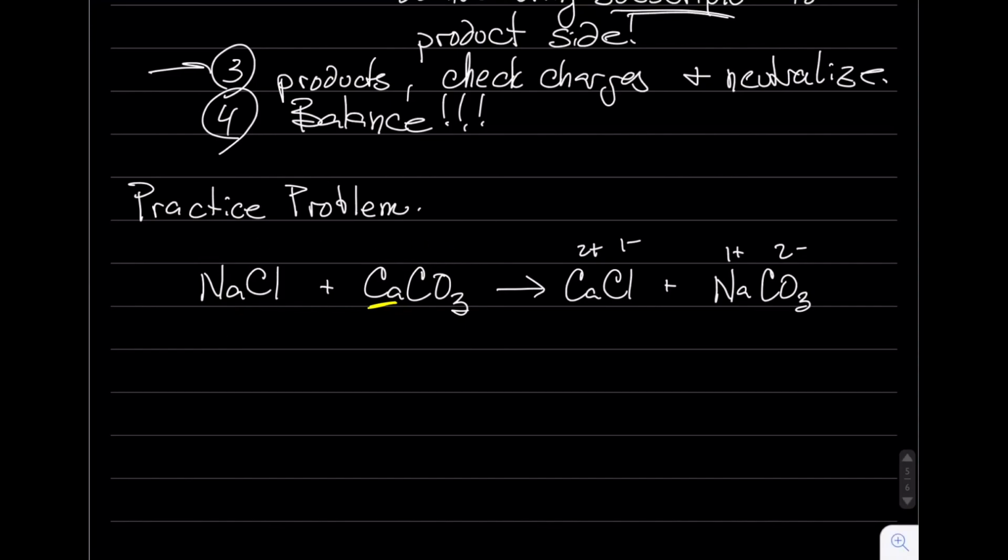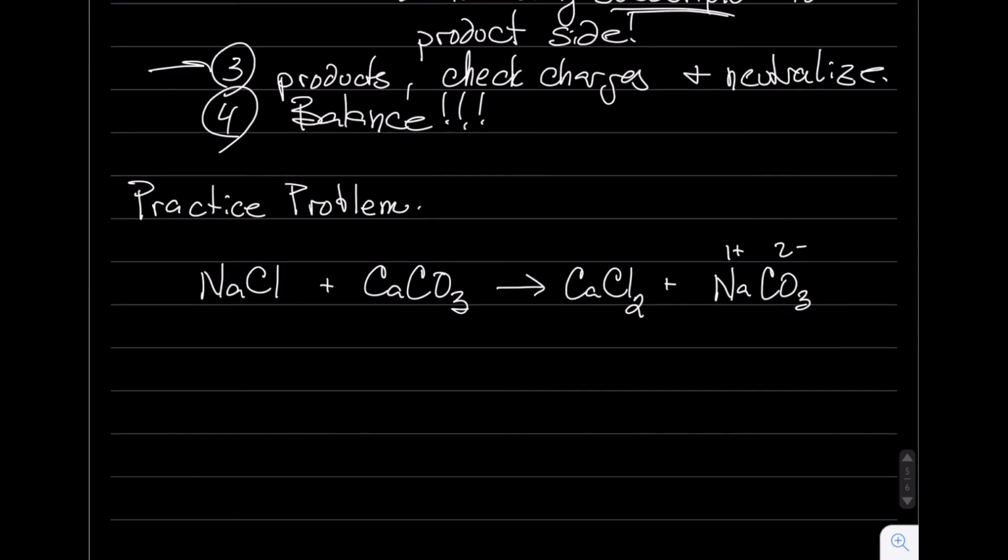On the product side, CaCl, calcium has a 2 plus charge, chlorine has a 1 minus charge, so we need to turn that into CaCl2 to make that neutral. For sodium, we have a 1 plus charge, and carbonate is a 2 minus charge, so that makes that compound neutral. So the last step is to balance.